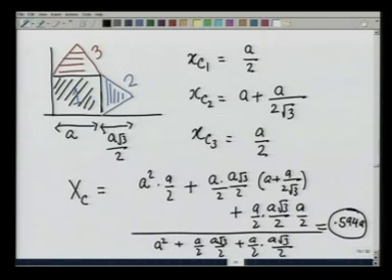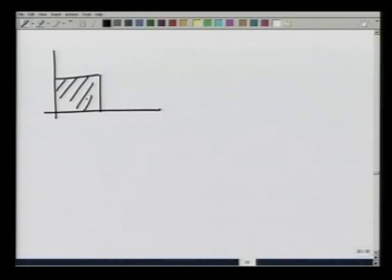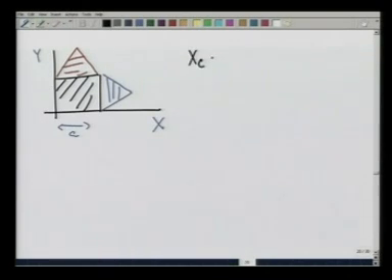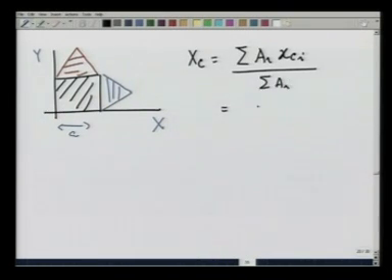By symmetry, y c would also come out to be the same, and therefore, for this assembly, where I have a square of side a and an equilateral triangle on top and on the side, this is x y, I get x c, which is summation a i x c i, I am writing a general formula, divided by summation a i, to come out to be 0.594 a, slightly to the right of the centroid of the square, which is expected because of the area added onto the right, it shifts to the right.